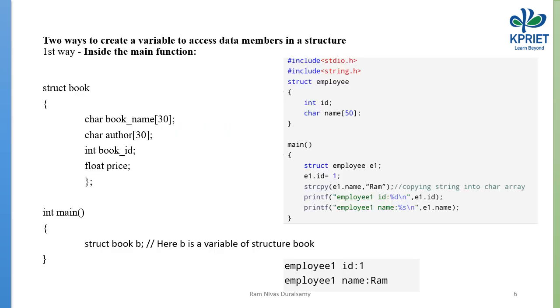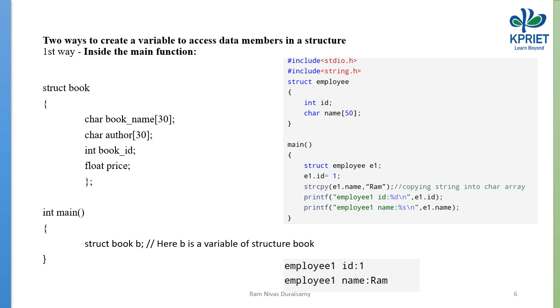And here is an example of the different ways of creating a name to access a structure. The first method is outside the structure, that is not near the structure, and it is declared inside the main function, as struct book b. Similarly, you can see the example: struct employee with an integer and a character name is given, and then inside the main function, struct employee e1.